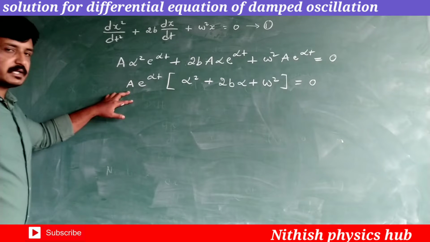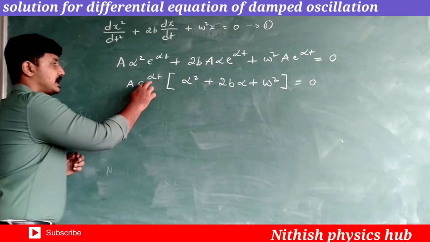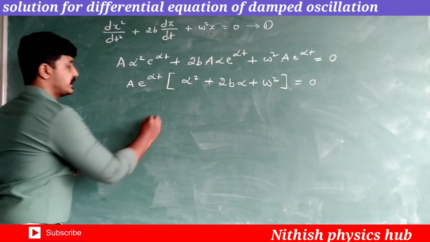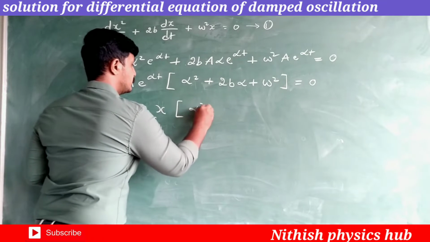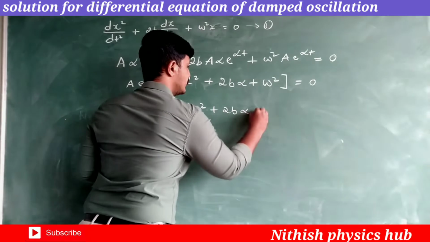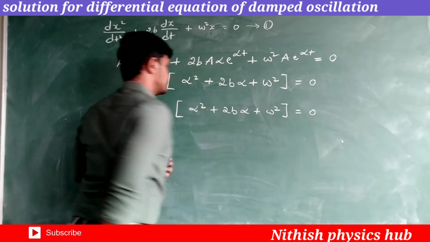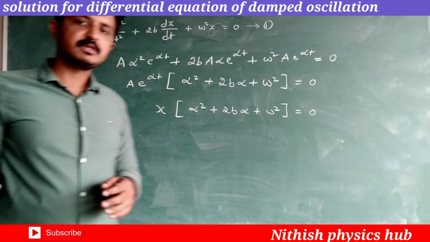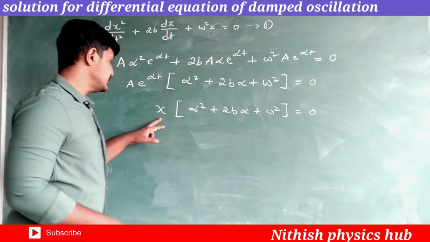Now the equation can be written as x into alpha square plus 2b alpha plus omega square is equal to 0. By observing this equation, it looks similar to a quadratic equation.